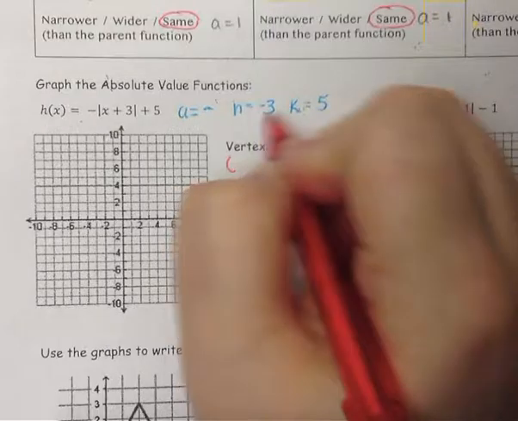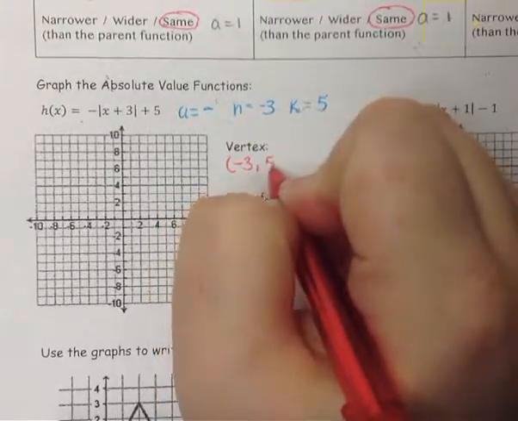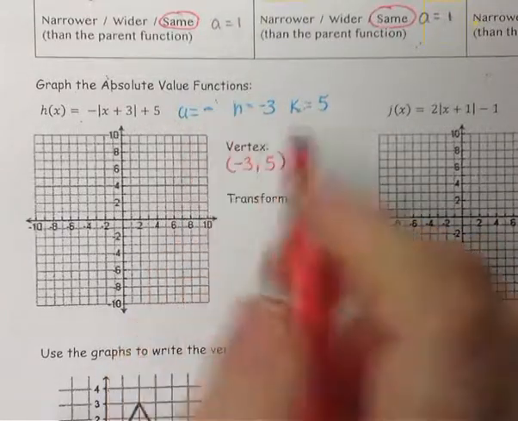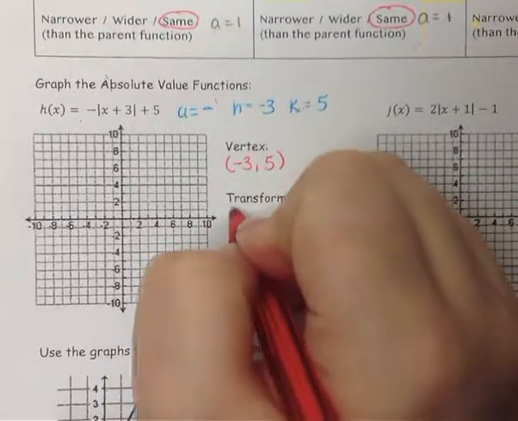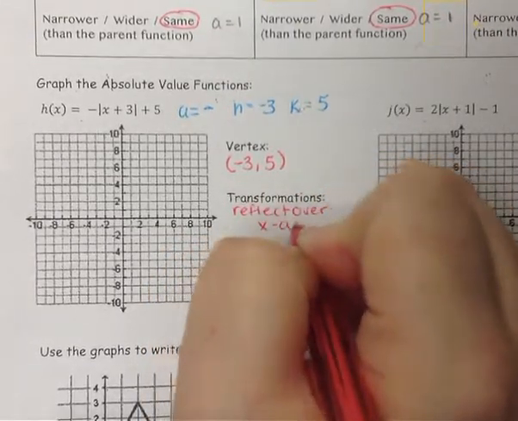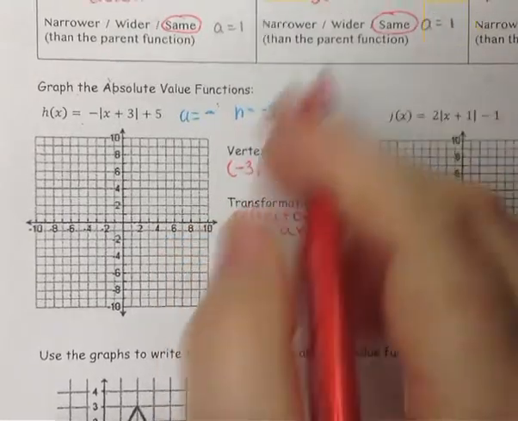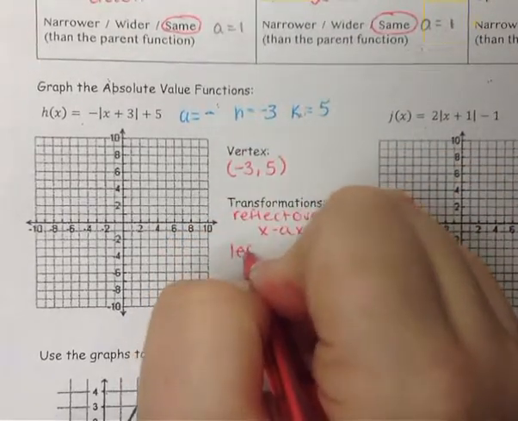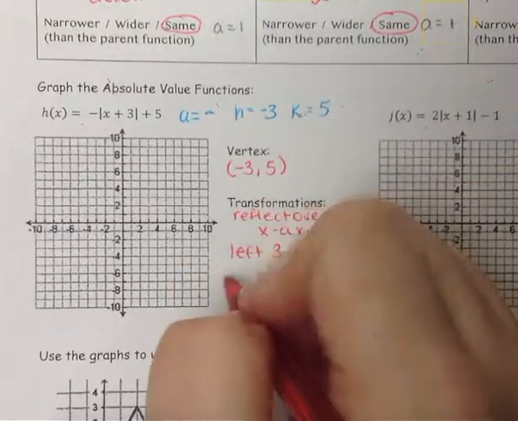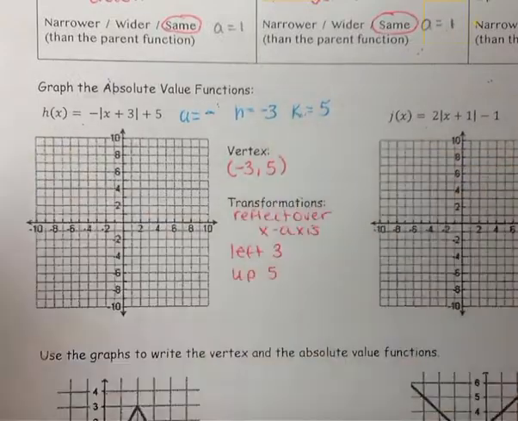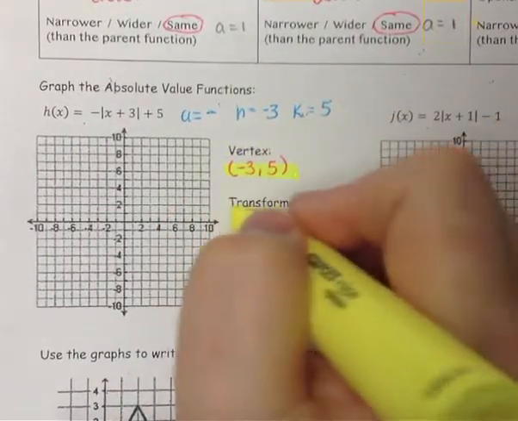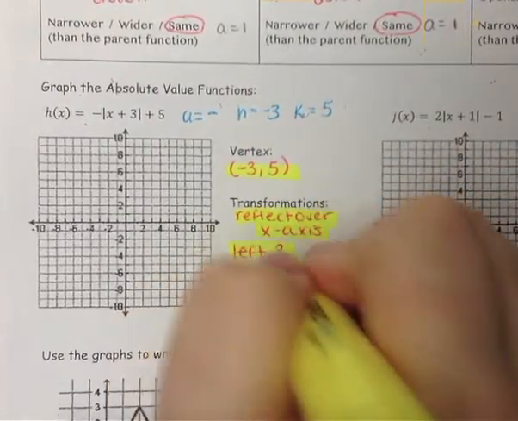Our vertex is that h and k, so negative 3, 5. The transformations come from these three things. So we have a negative, that's a reflect over the x-axis. Our h was negative 3, so that's actually moving it left 3 from the 0, 0. Then we want to move it up 5 because that k value is 5. So we have our vertex and our transformations so that we can graph it without the use of a calculator.